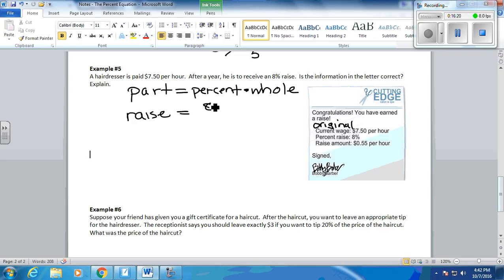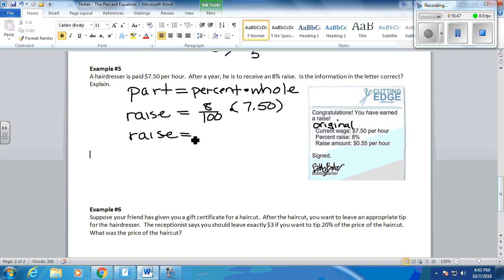The percent is going to be 8/100ths, the percentage of the raise. The whole in this scenario, again, is our original wage, which was $7.50. And because it's a decimal, and I'm using a multiplication sign as a dot, I'm going to put parentheses so I don't confuse my decimals with anything. So again, I'm solving for the raise. I'm going to be checking my raise at the end with the 55 cents per hour.